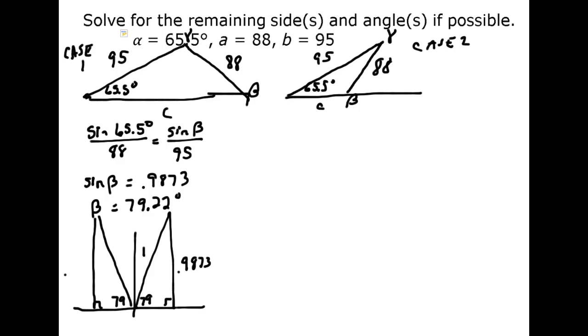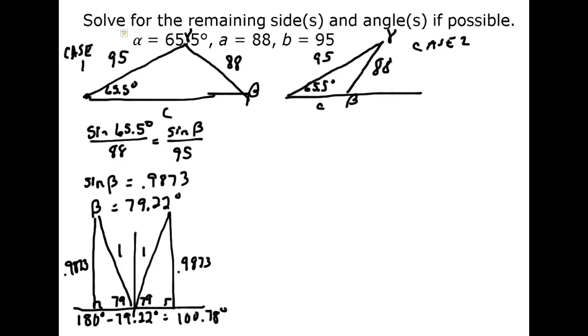And it also has sine 0.9873. So it's also 0.9873 over 1. So we find this other angle by taking 180 degrees minus the 79.22 degrees. And that's the other case that we're looking at, where angle beta is 100.78 degrees.